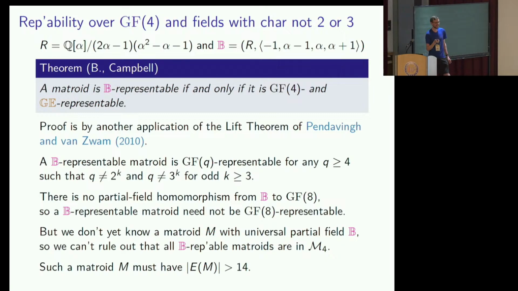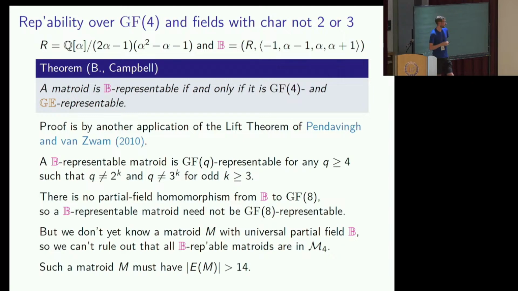However, we can't conclusively say that all of the B representable matroids don't actually turn out to be in M4 until we know of a matroid that has this as its universal partial field, which we don't have as yet.